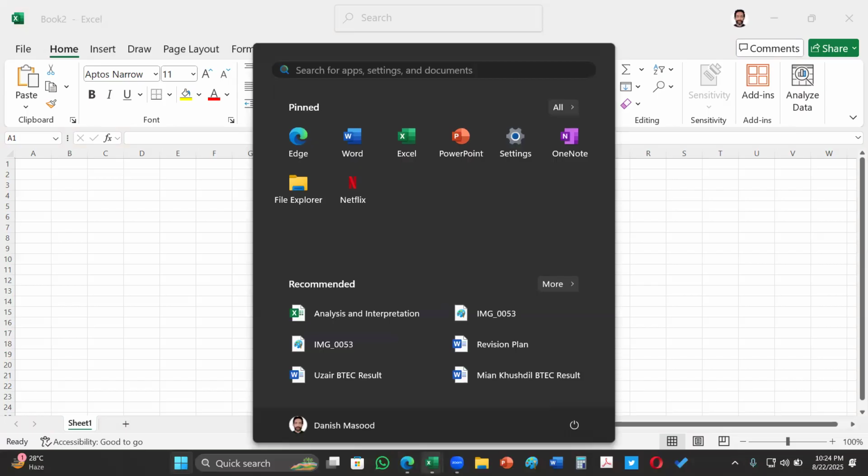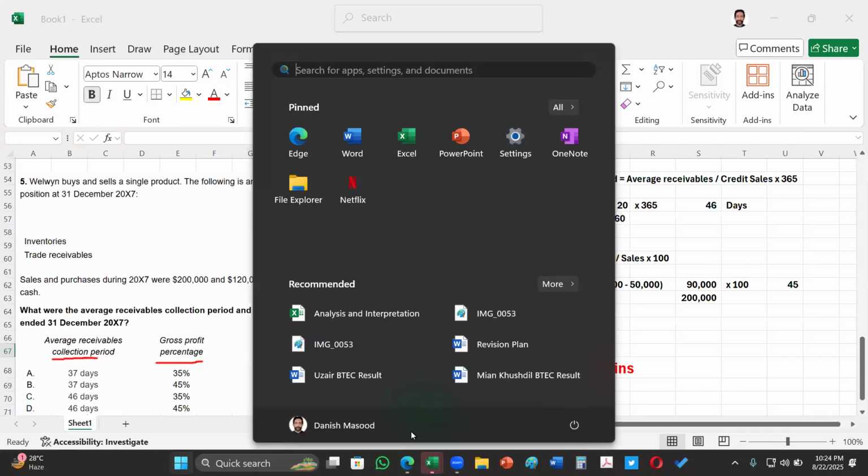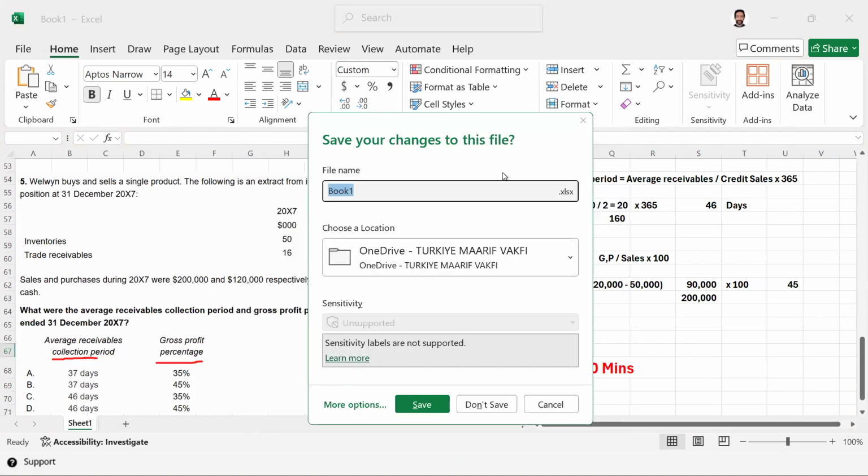Just a second, the Excel is not responding to me. Let me just close all the windows first, and then we can see.